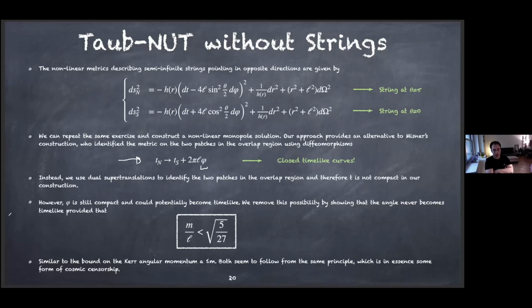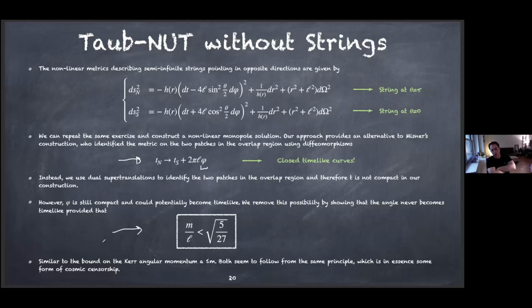Finally, we are still not guaranteed that there are no closed timelike curves because the coordinate phi is compact and could potentially become timelike. But it turns out, and that can be shown explicitly, that there is a certain region of parameters in which that never occurs. And the region of parameters is given by the following bound on the mass to NUT charge ratio.